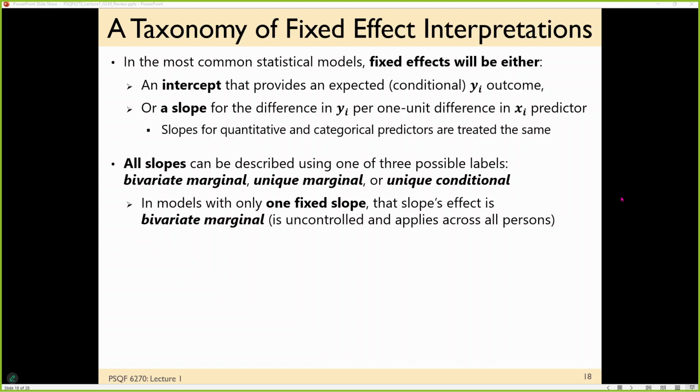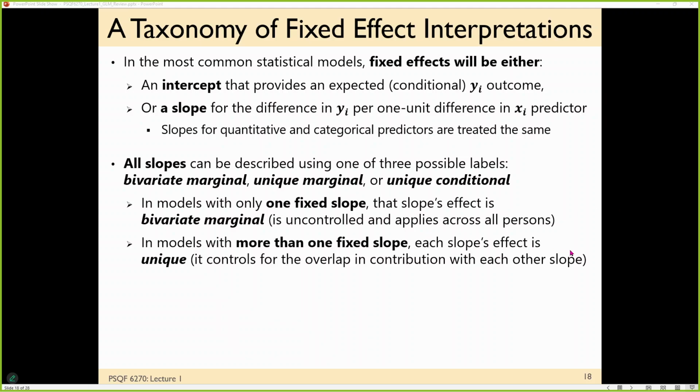Bivariate meaning two, not controlling for anything else, just straight up how related are these two things, and marginal meaning that that relationship is assumed to apply equally to everyone. Like if I said the slope of x in predicting y is 3, 3 holds across the board, regardless of your standing on any other predictor. And that's only 3 without thinking about any other variable in the problem.